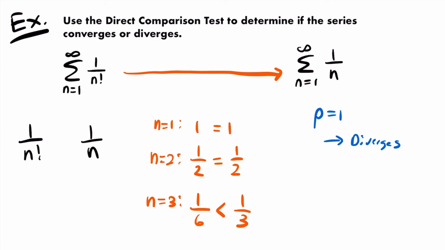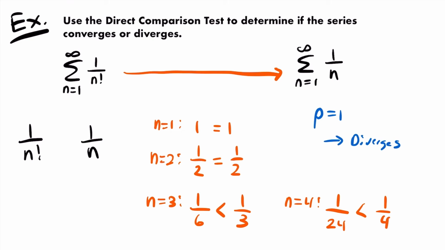Now we have a term that is smaller than another term. Now if we look at the next term, we'll have n equals 4, and that will be 1 divided by 4 factorial, and that is going to be compared to 1/4. Now 4 factorial is 4 times 3 times 2 times 1, and that is equal to 24, so now we have 24 in the denominator, and 1/24 is way smaller than 1/4.